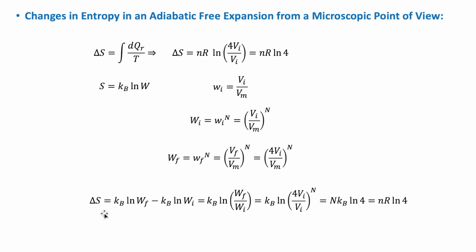And so the change in entropy, which is given by this equation, kB ln W final minus kB ln W initial, will give us this value, which is the same value obtained using the macroscopic definition of entropy. So we see delta S is equal to delta S using the two different equations.